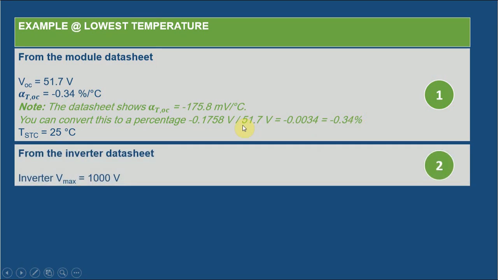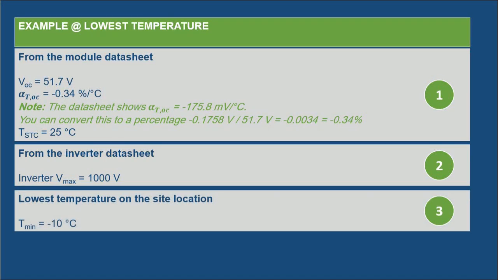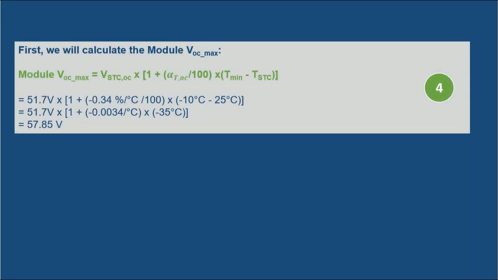We also need to know the maximum inverter voltage, which in this case is 1000 volts, and the lowest temperature anticipated for that site, which is minus 10 degrees. We use the equation: the corrected or maximum open circuit voltage is equal to the STC open circuit voltage multiplied by 1 plus the temperature coefficient multiplied by the temperature difference.